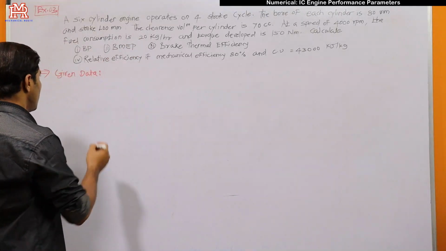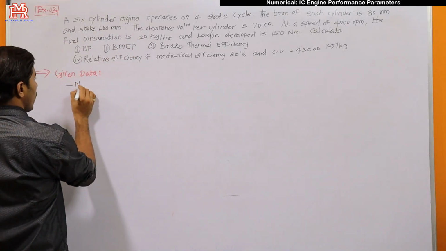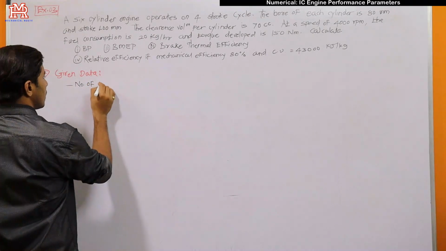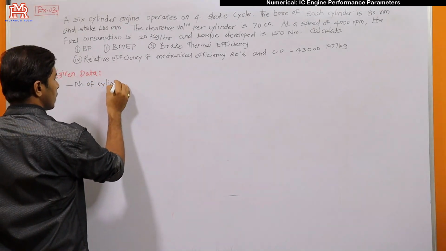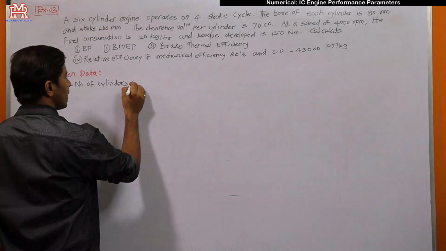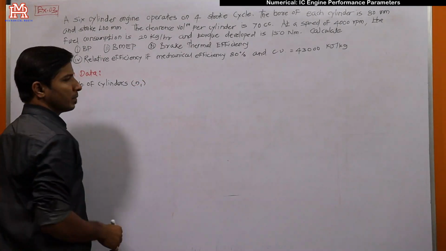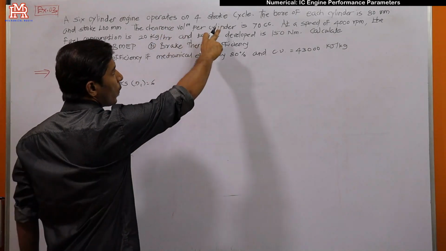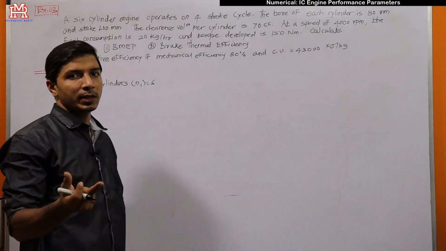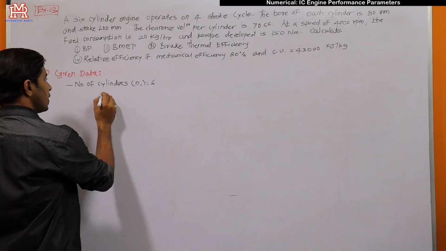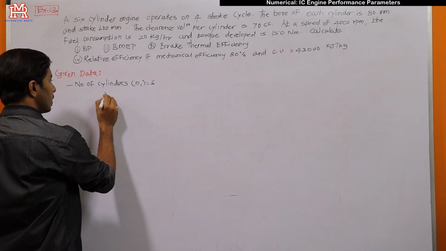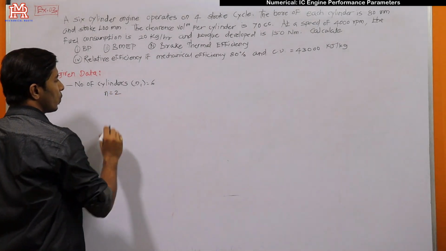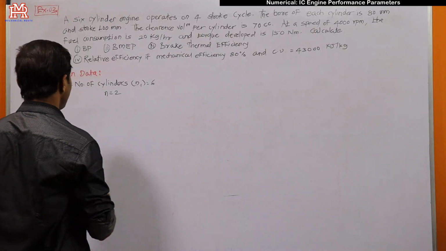So for example, you have to write here number of cylinders, I can say small n1, number of cylinders, which is given as 6. 4-stroke cycle is given. We know that in case of this 4-stroke cycle, this small n is equal to 2. That we have to use in the formula.